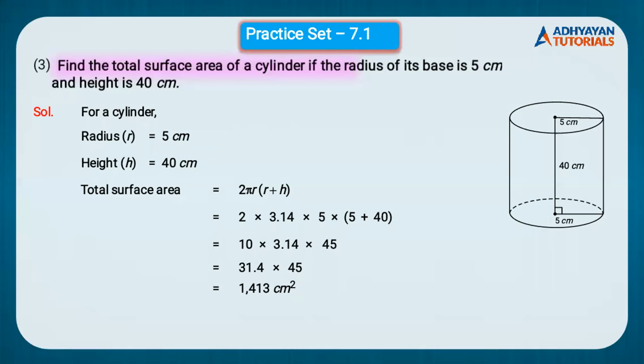Radius is in centimeter, height is in centimeter. Since radius and height are in centimeters, area would be centimeter square. I hope all of you have understood this. So finally, we can write total surface area of cylinder is 1413 centimeter square.